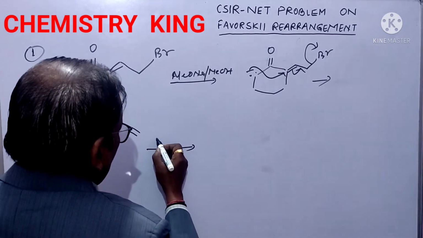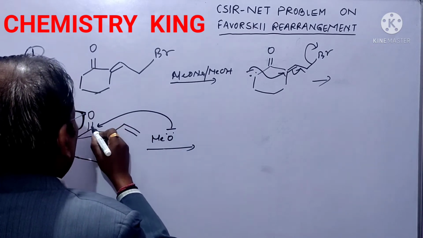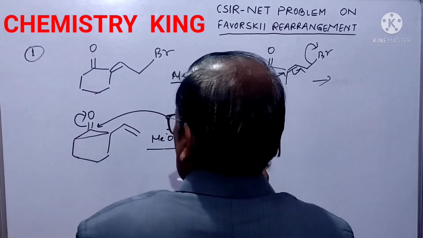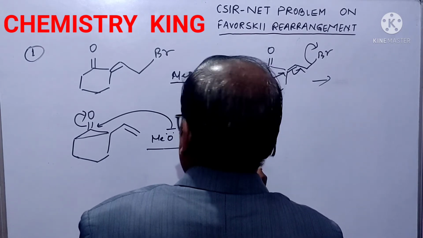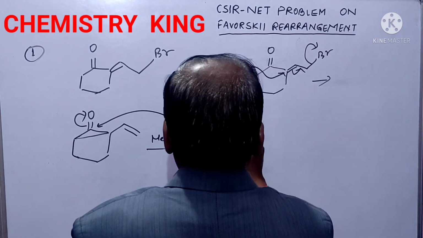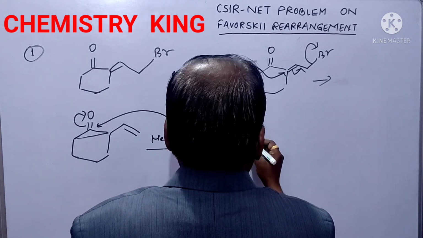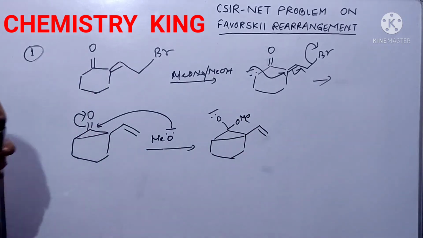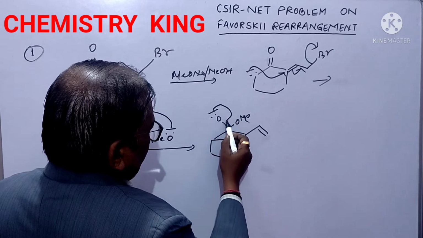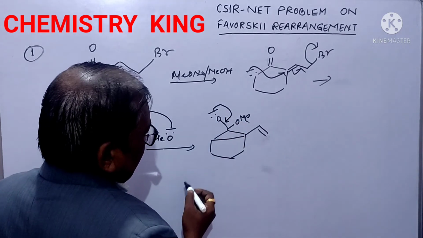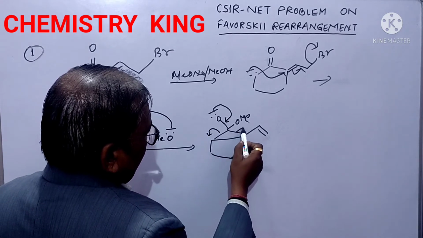Now, methoxide ion will attack here in this fashion, and you are getting here this O minus OMe. This you are getting. Now it comes back. Then the question arises whether this bond will break or this bond will break.